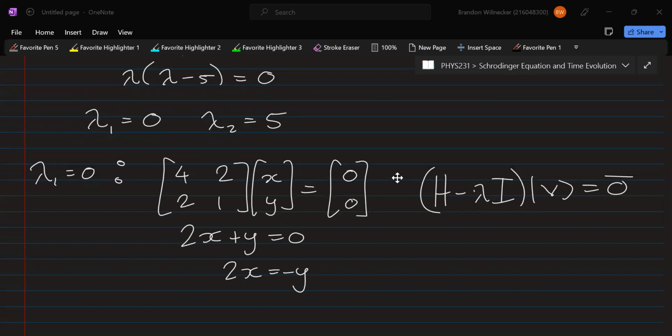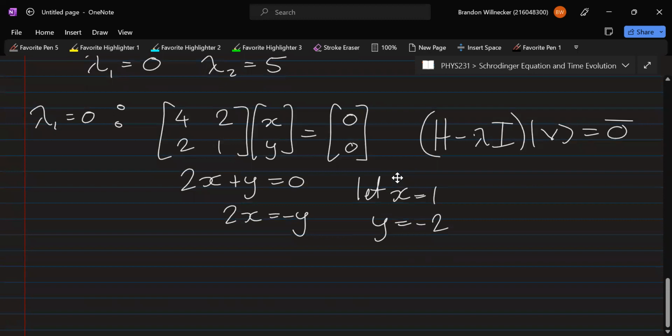The other one is fixed by this equation. If we let x be 1, you can let it be anything, so let's just say it's 1, then that means y is equal to minus 2. So this gives us the first eigenvector, given by 1, minus 2.